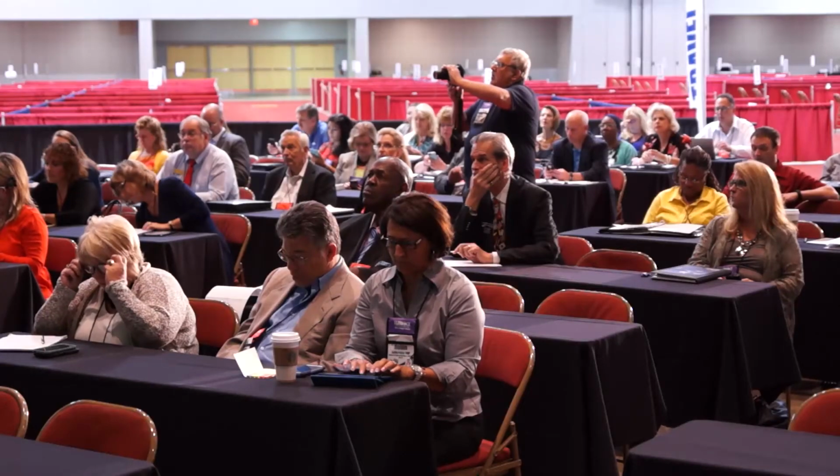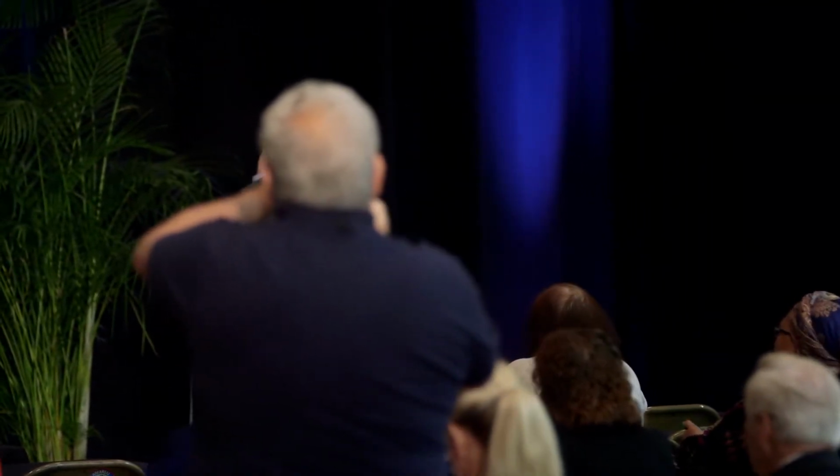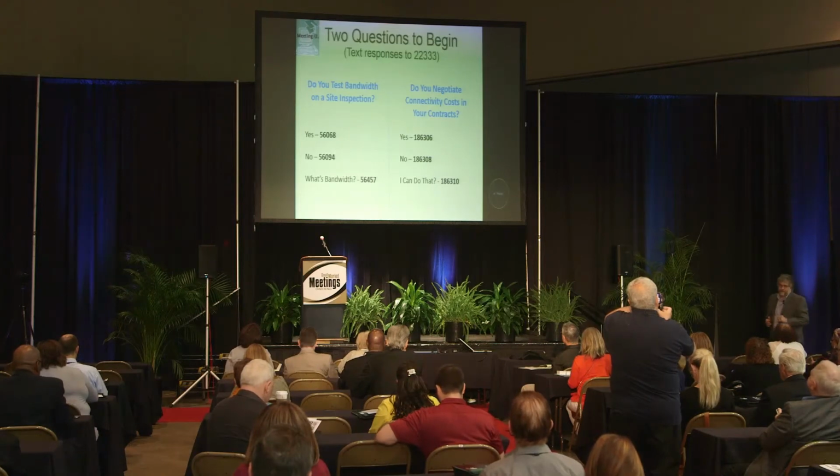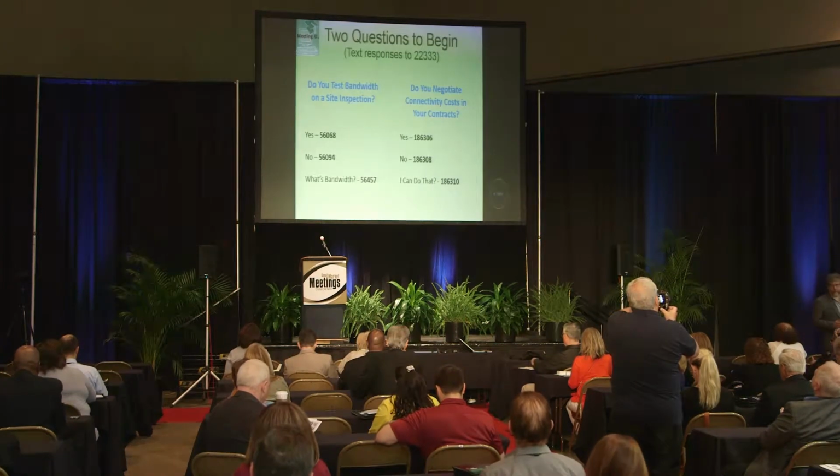And if you're on the hotel side, you can apply the same way as it does on the planner side. So if your answer is yes, your message would be 56068. If your answer is no, 56094. And if your answer is what's bandwidth, which is probably why you're here, 56457. So that's the first poll you're going to do.